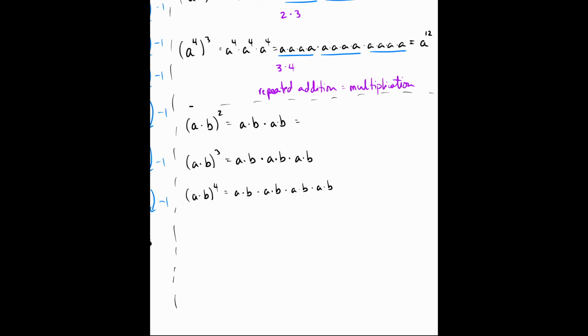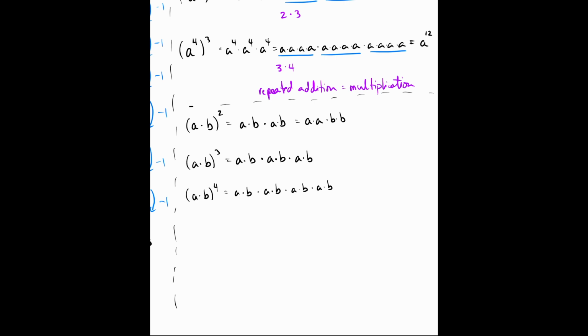In the first example, a times b times a times b can be written as a times a times b times b. So we can organize this by variable. And the reason we can do this is because of the commutative property of multiplication, which essentially says that you can move all the factors around however you want.